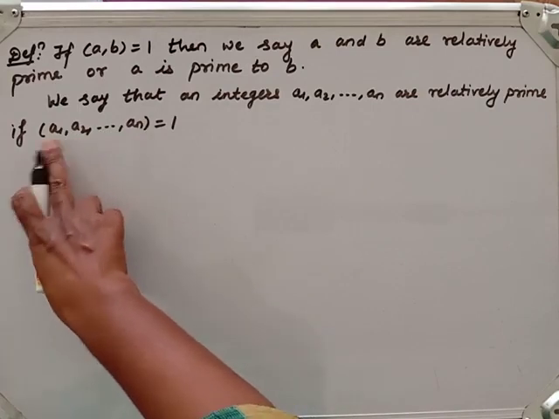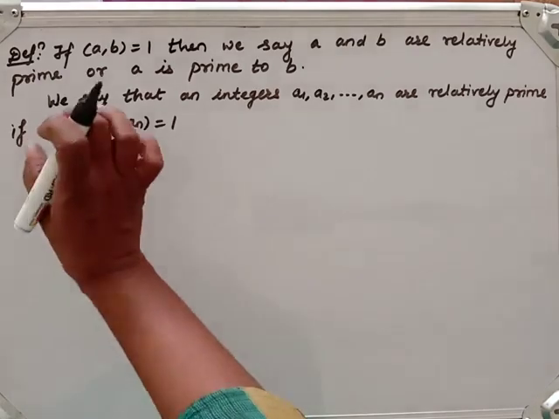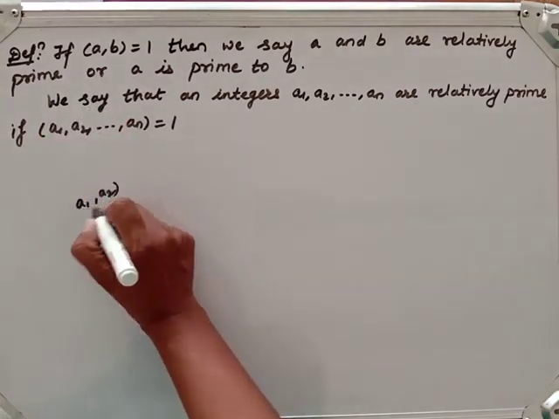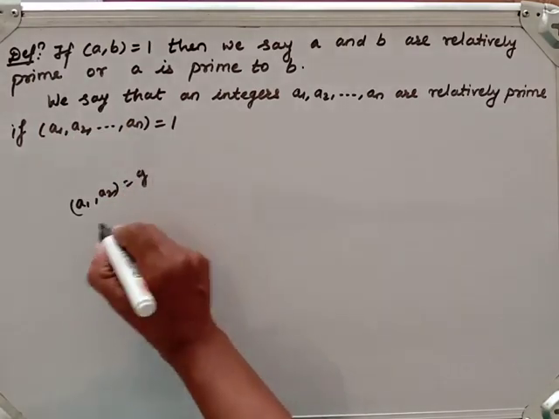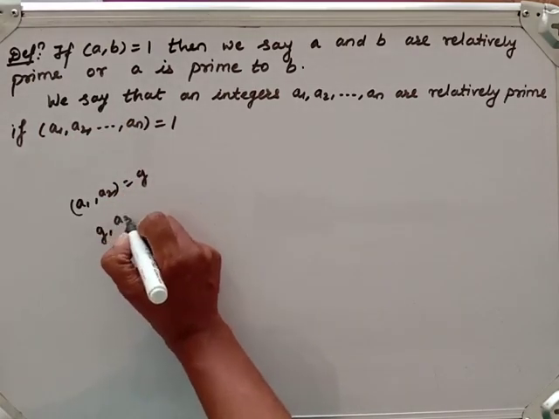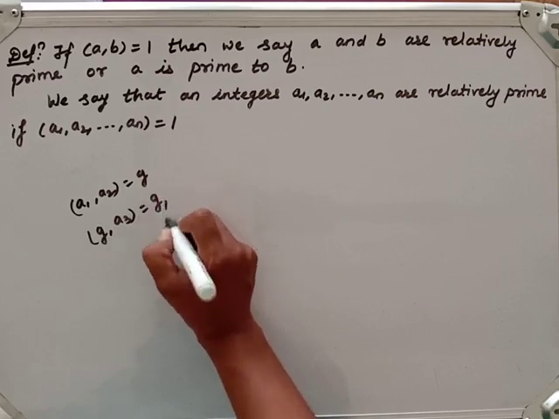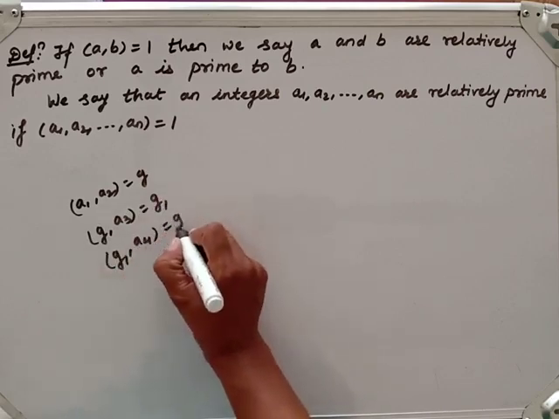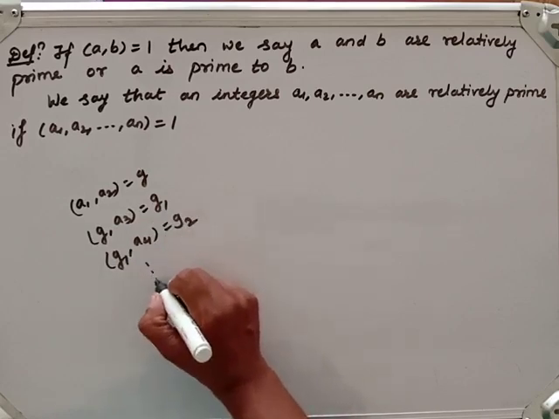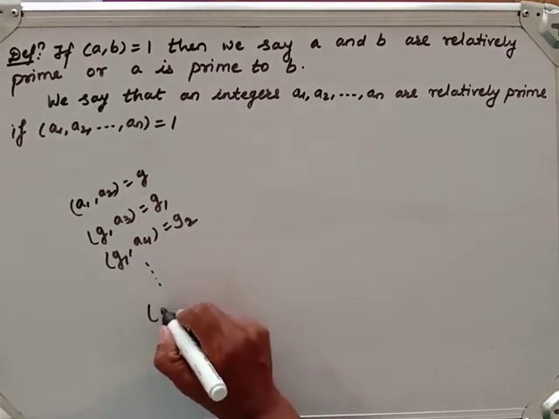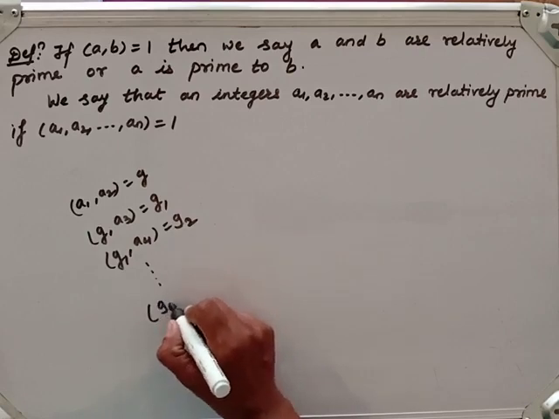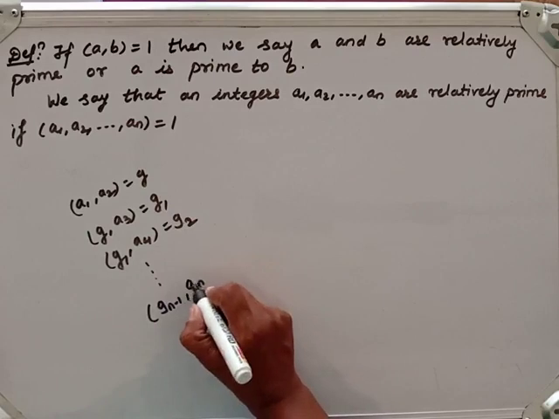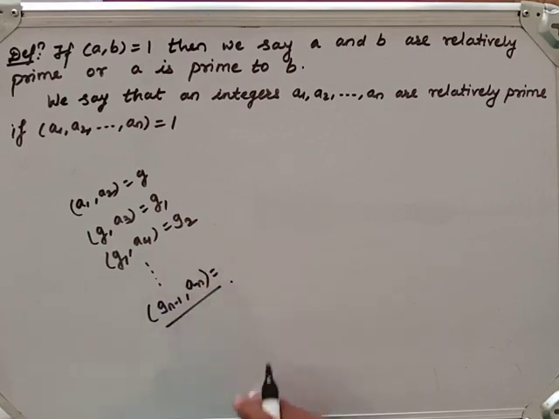First we determine the GCD of two of them. Suppose the GCD of a1, a2 is G. Then we take that GCD with a3, suppose that gives G1. Then we take G1 with a4, that gives G2, and so on, up to G(n-1) and an.